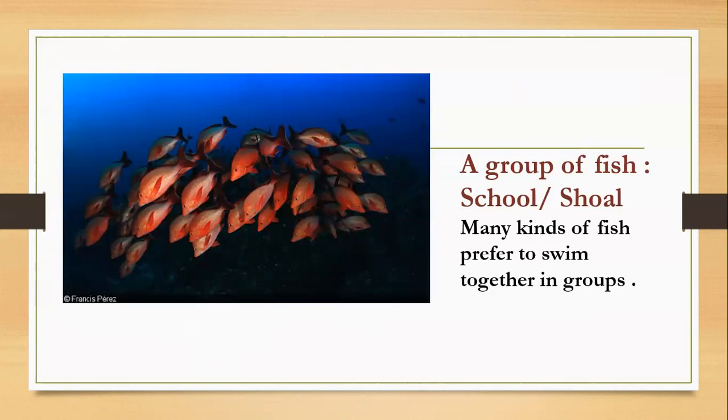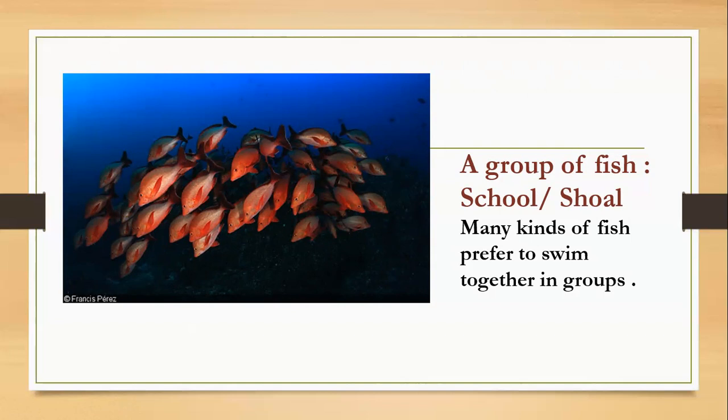Class, you know it very well that a group of fish is known as a school or shoal. You definitely have learned it in your collective nouns. Have you ever wondered why we call them a school of fish? Do you know why?